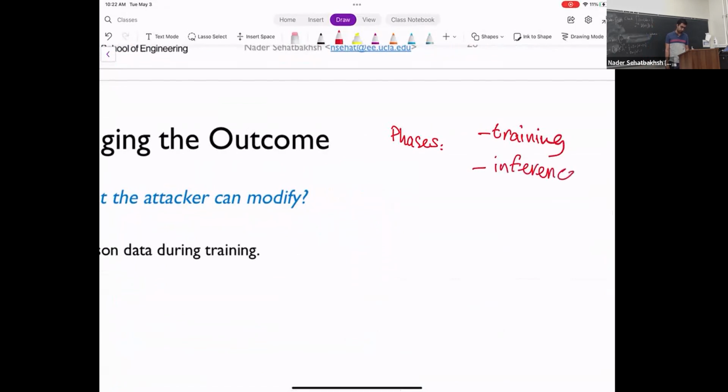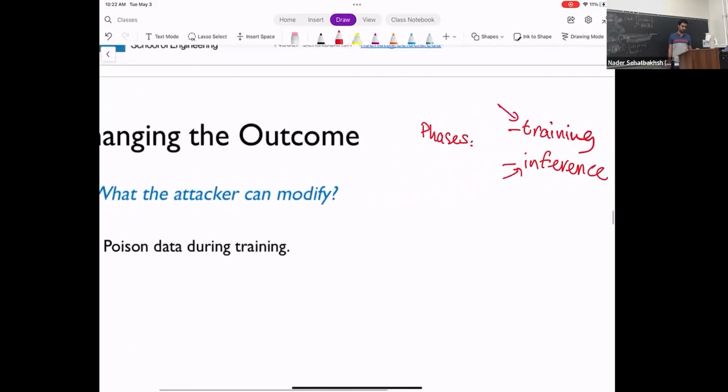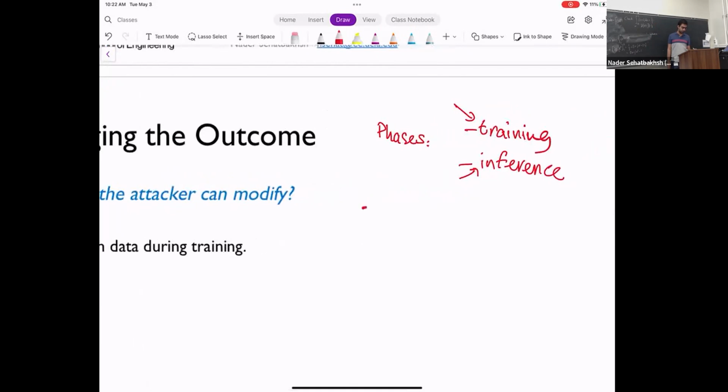So in order to attack this system, the attacker has options to attack at this point, or at this point. The first class of attacks tries to impact the system during training, usually called poisoning attacks. When we are training the system, we have lots of data sets, labels, and records.